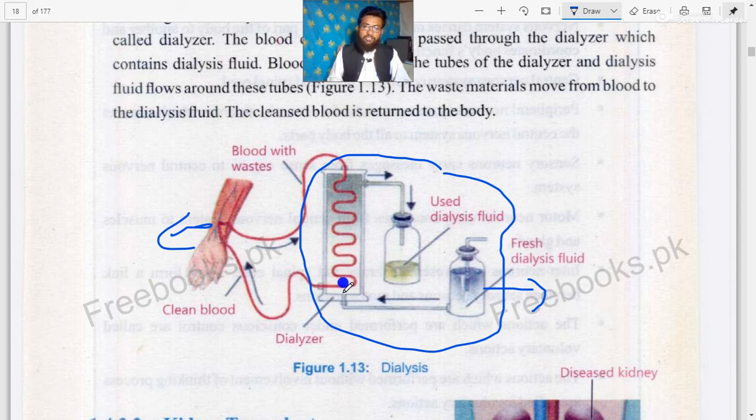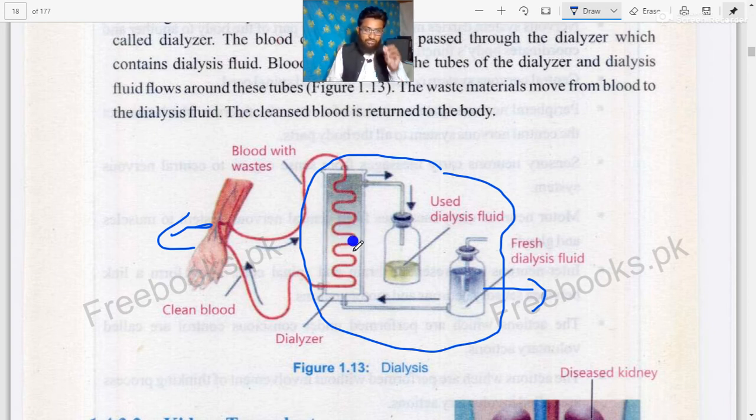So dear cadets, around the tube carrying blood, all the empty space is filled with the dialysis fluid. This fluid is present around the tube having the blood.